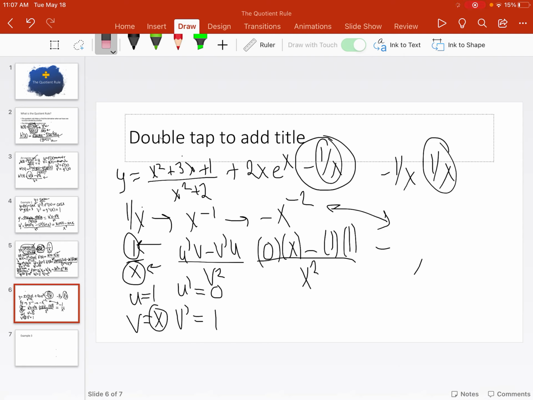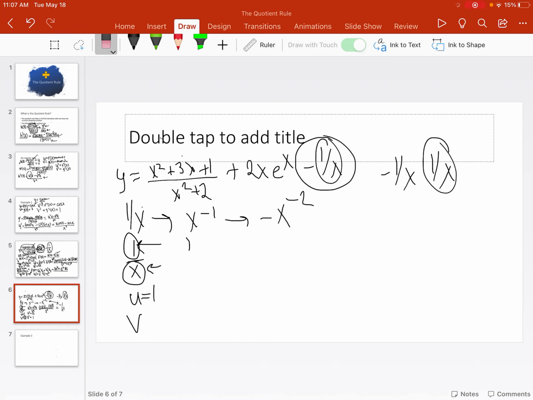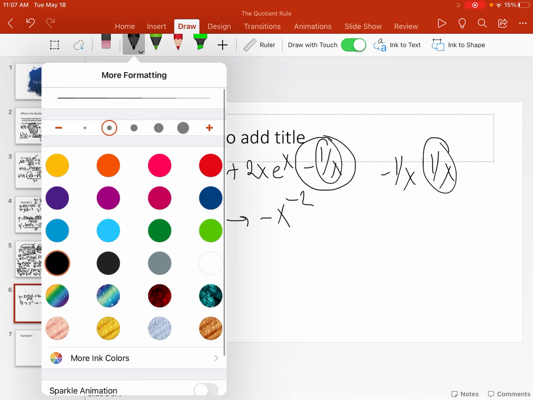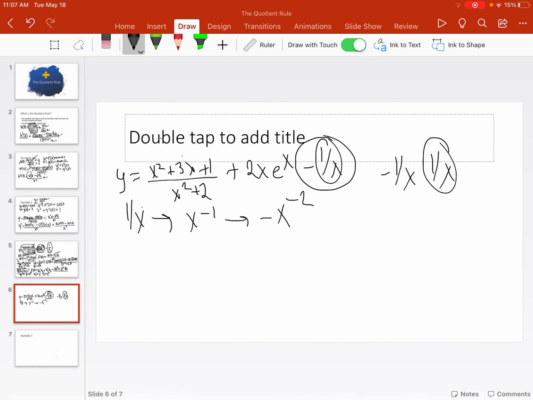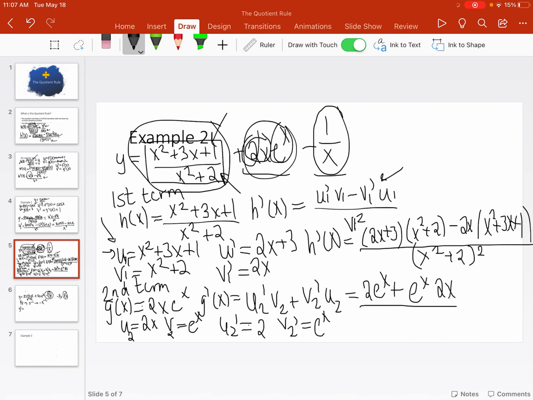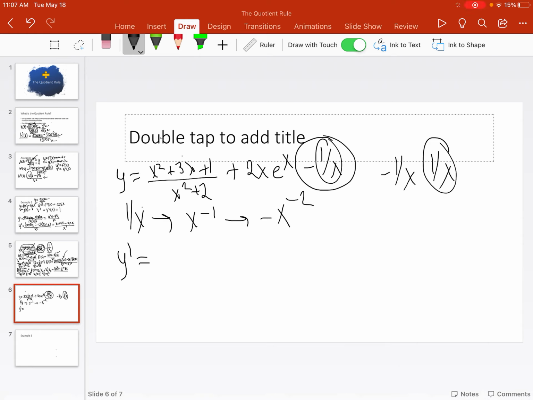So I'm just going to erase this. So let's put it all together. So y prime. What was the derivative of our first term? Well, it was this, right? So our derivative of our first term, let's put it there.